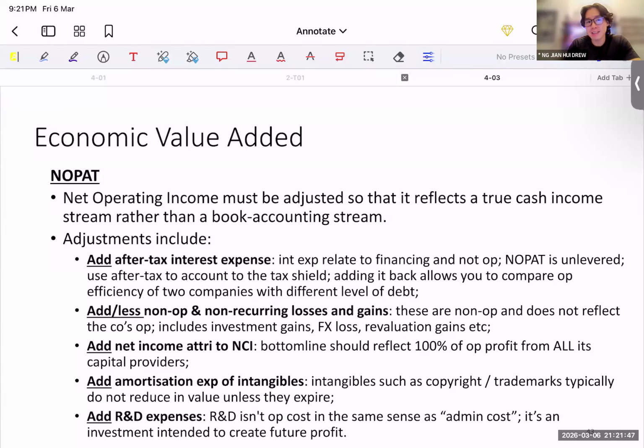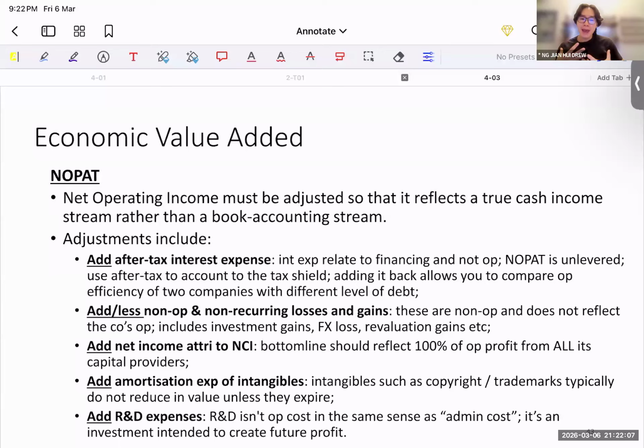Remember, when we discussed the EVA, I told you that for academic exercise, NOPAT is quite easy to calculate. You just take EBIT times 1 minus tax. But this is never used in the industry because this is a bit too simplistic, right? So let's think about the idea of NOPAT.